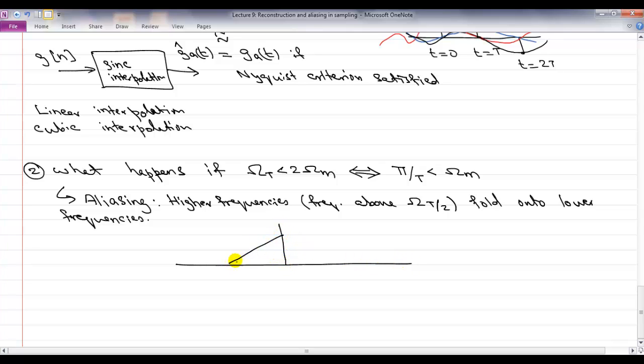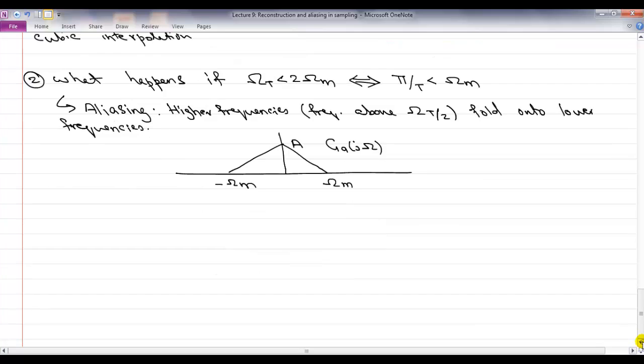Again, we'll assume that we are given the same shape with the height of A. I am given this GA of j omega with this omega m and minus omega m as the range. But I now sample it, but I don't satisfy the Nyquist criterion. Okay.